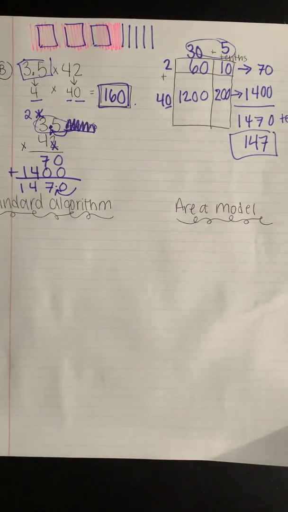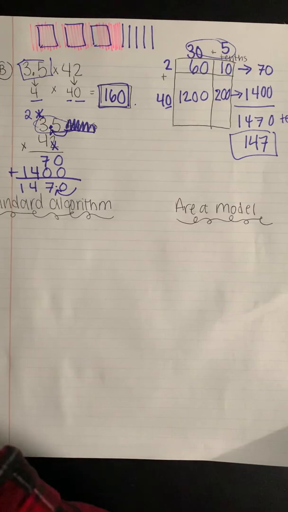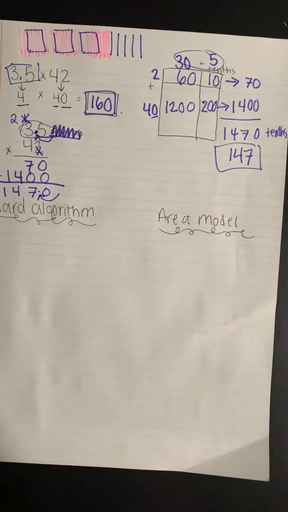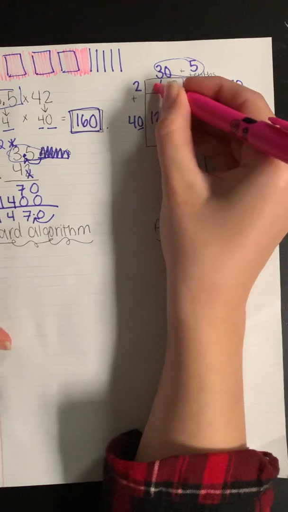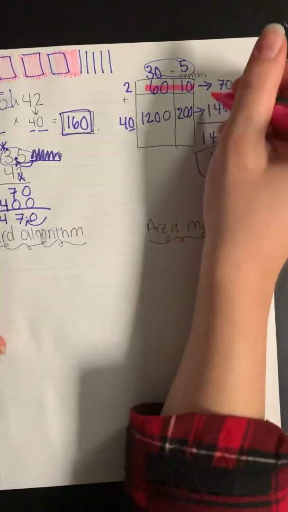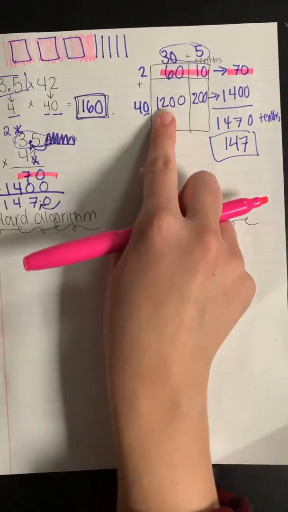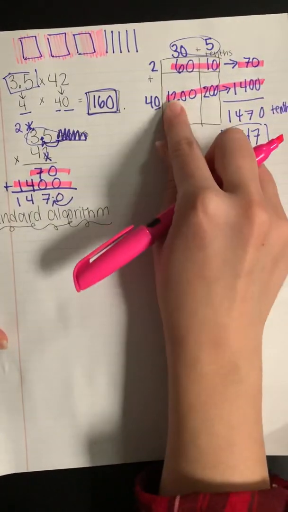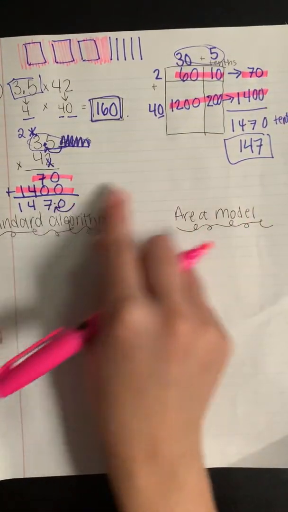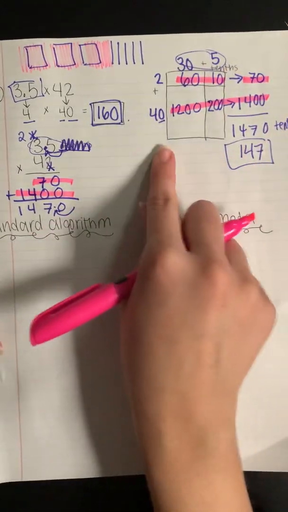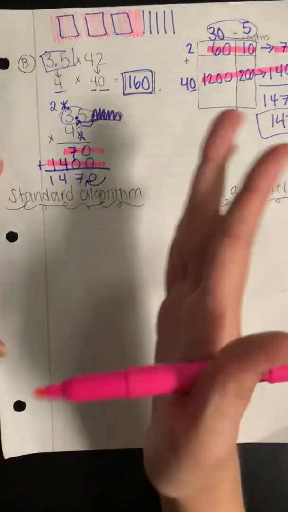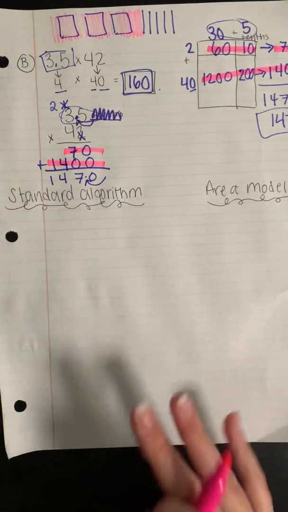Another really cool thing about using the area model and the standard algorithm at the same time is that when you line these up, so 60 plus 10 is 70, you see that same pattern here in your standard algorithm. Here's your 70 that you got up here. Here is your 1400. You see that here, 1200 plus 200. So these kind of reflect the same work, but this one you're doing it in a more visual kinesthetic way, and this one you're doing it in a more step-by-step procedural mathematical way.